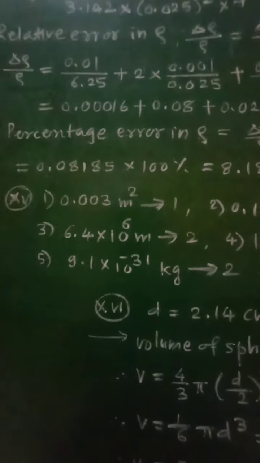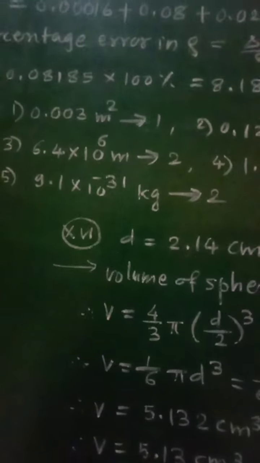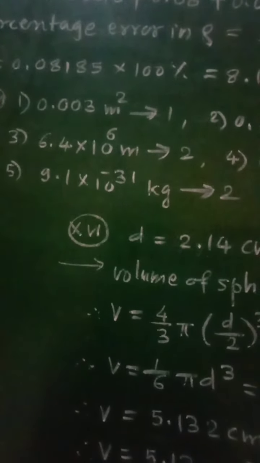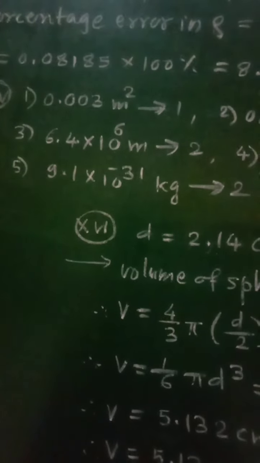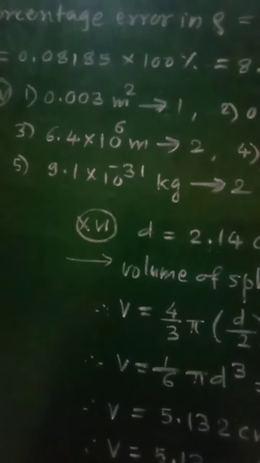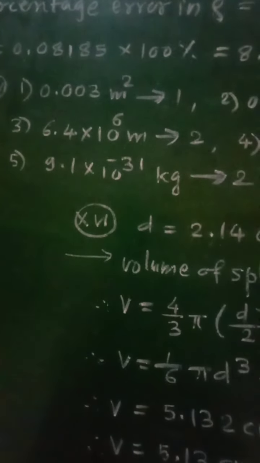Now let us see numerical number 16, which is stated as: the diameter of a sphere is 2.14 centimeter. Calculate the volume of the sphere to the correct number of significant figures.